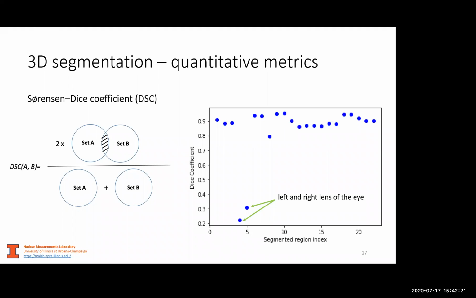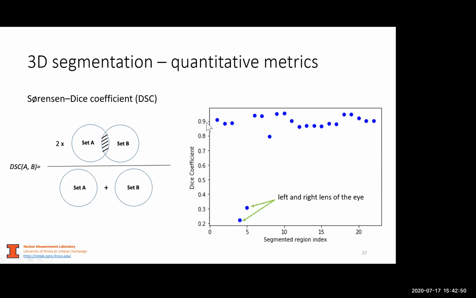And the Sorensen-Dice coefficient tells us, for two regions in space, and this would be a 2D slice, how good the overlap between two areas is. So ideally, the Dice coefficient would be 1, because the set A here is the ground truth and the set B is the prediction.